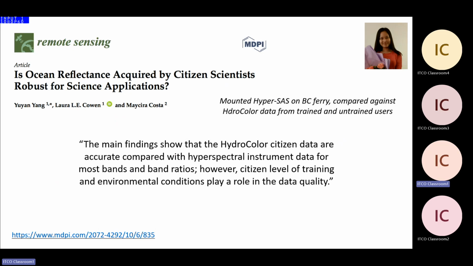It's a pretty interesting study looking at the statistics of that intercomparison and how it depends on whether the users are trained or untrained. To summarize the main findings, basically it works, but you do need to be cautious about the level of training of the people taking the measurements. That just kind of pans out in our field in general.